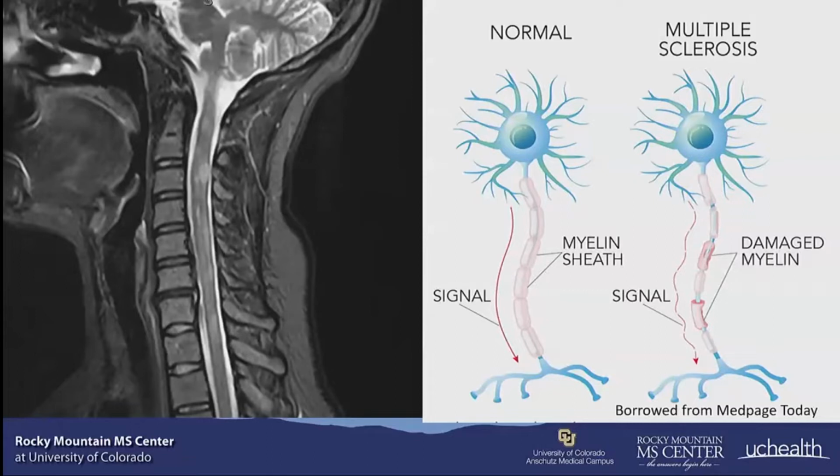With MS, the presumed target of the autoimmune inflammation is that myelin, and what typically happens is that when that myelin gets damaged, you don't get as efficient or quick of a transmission of that nerve impulse. So when that happens the first time, when there is an initial attack of a specific area in the nervous system leading to dysfunction of that area, we call it a relapse.